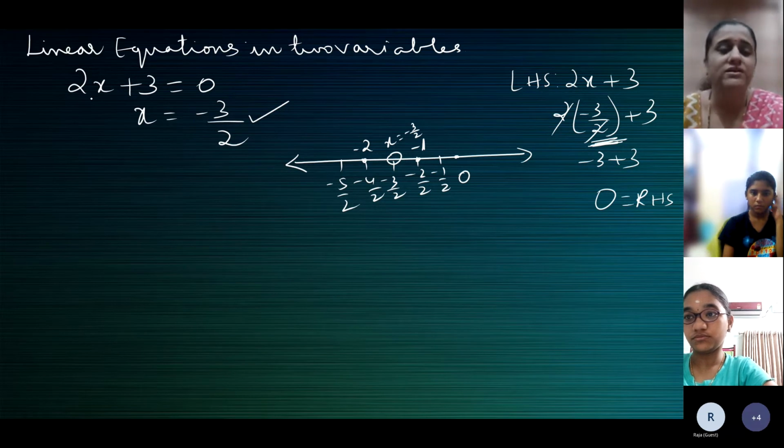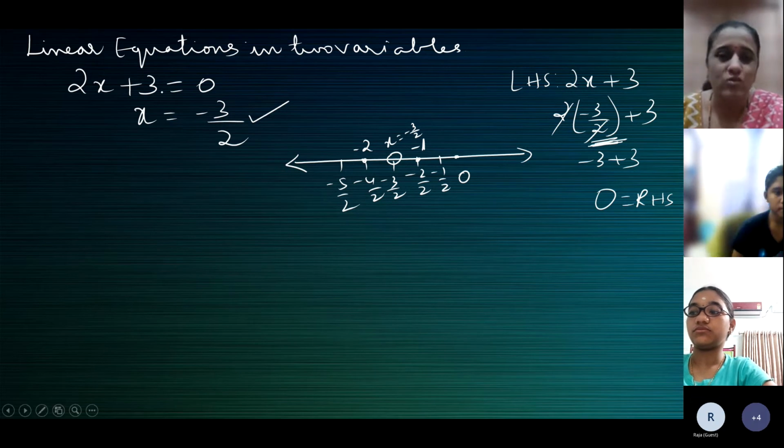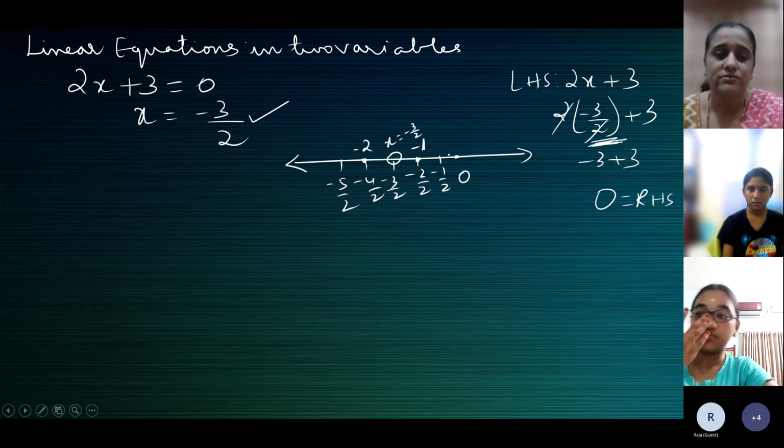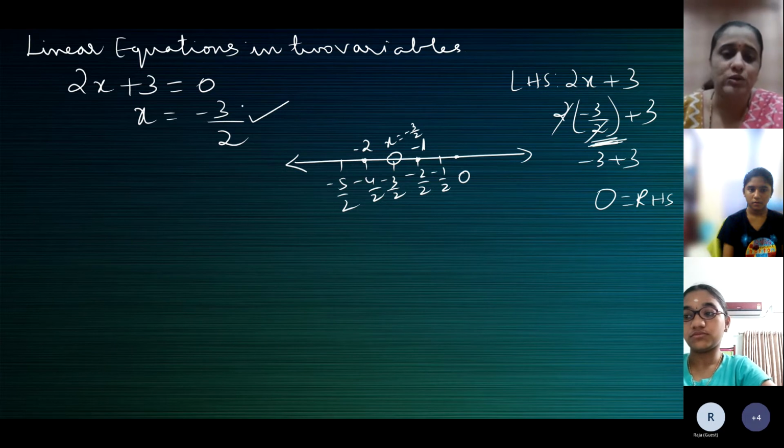Which means that for a linear equation in one variable, x, y, whatever, the solution to the linear equation in one variable is represented by a point on the number line.